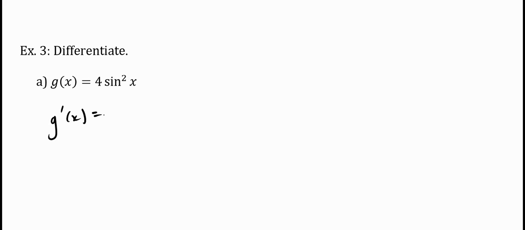This one's pretty straightforward. Anybody tell me what it is?